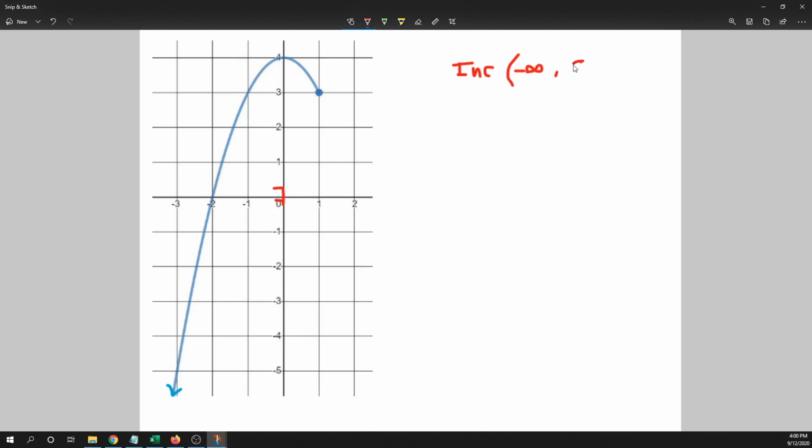So that's where it's increasing. And then at 0, it starts decreasing. Here, it starts going down. And here we would give our answer again in terms of the x-axis. So we would say that it's decreasing over this part of the x-axis, from 0 to 1. And because of that filled dot, and we can't see any graph over here, we just have to assume the graph stops right there at 1.